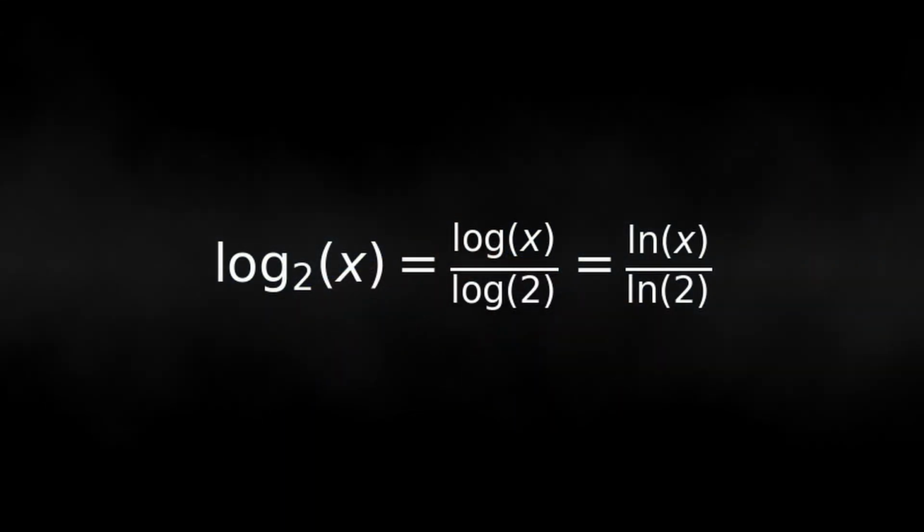However, you then divide the result of that calculation by the same type of log of 2. So, for example, if you're using log base 10, you would do the log base 10 of the calculation, and divide that by the log base 10 of 2, and that will give you the same output.